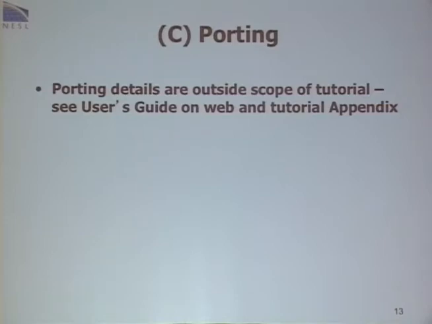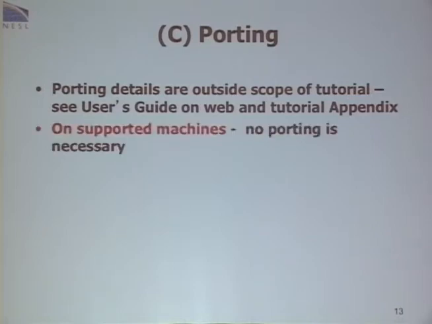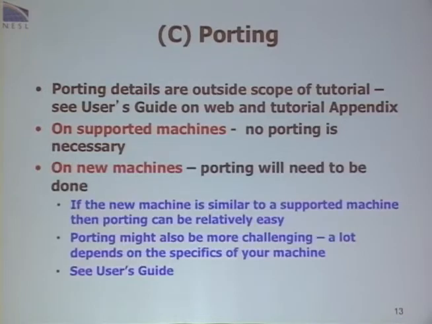Try just a basic CAM configuration, the simplest thing that you could do, because it's much easier from a support and troubleshooting perspective to validate a port of the simplest configuration you can find, rather than diving into WACCM-X with all its additional features and performance considerations. Again, on supported machines, you don't have to do this because it's already been done.